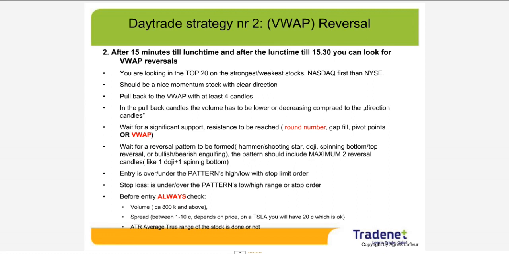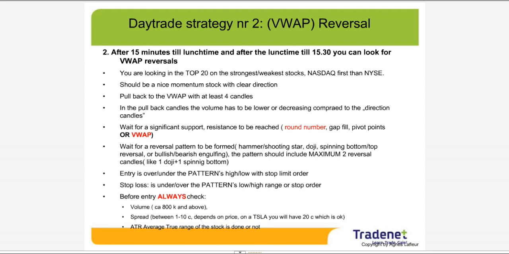So what I want to see is a straight up move or down move from the beginning of the day. Okay, so there is no question it is moving up or down. Of course, if it's moving up, it should pull back, so this pullback is what we need till the VWAP. It's pulling back to the VWAP, reaching the VWAP, and it's not enough if it's just reaching the VWAP and you are anticipating, okay, it's reached the VWAP, let's go long or short.